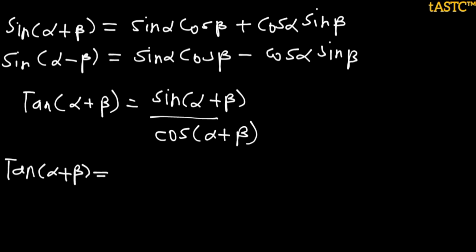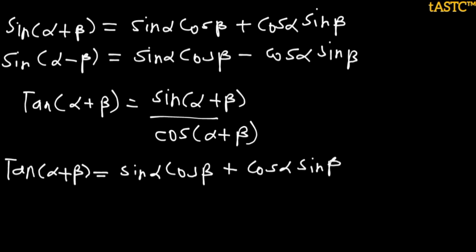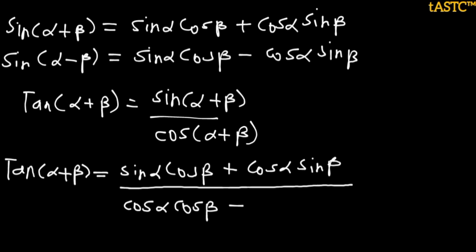Now sine of alpha plus beta is sine alpha cos beta plus cos alpha sine beta. So this will be divided by cos of alpha plus beta, which is cos alpha cos beta minus sine alpha sine beta.